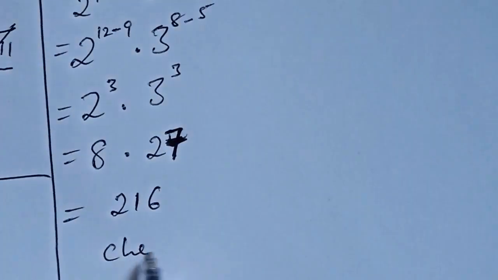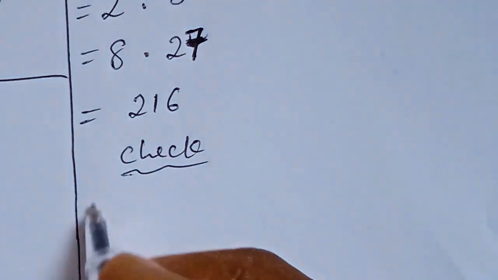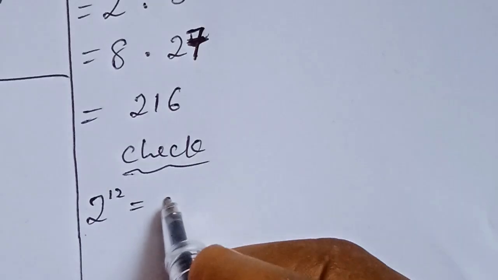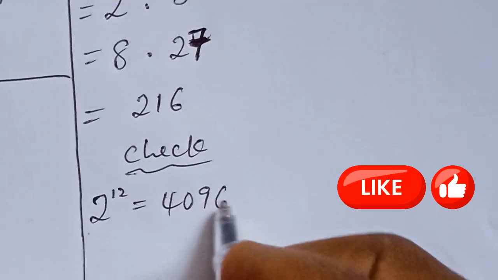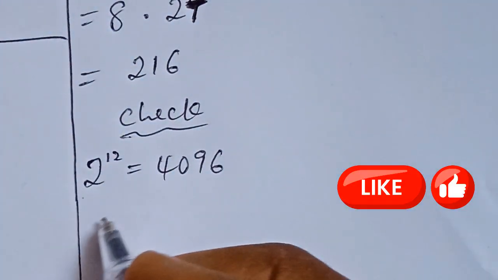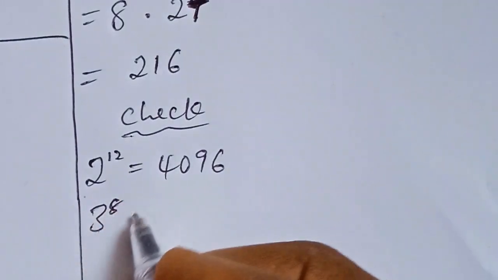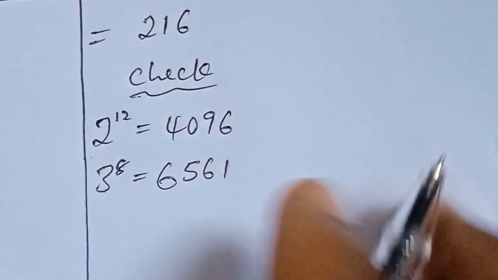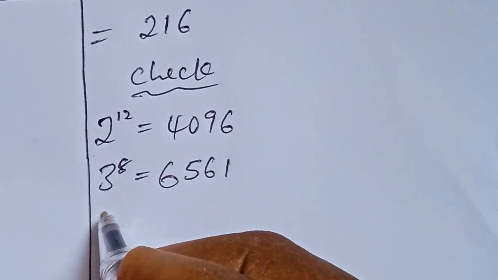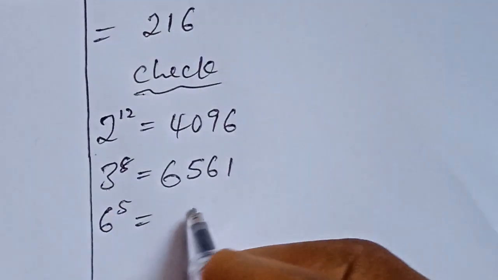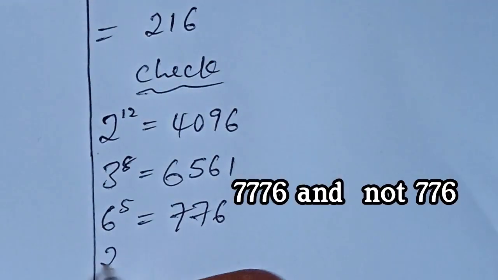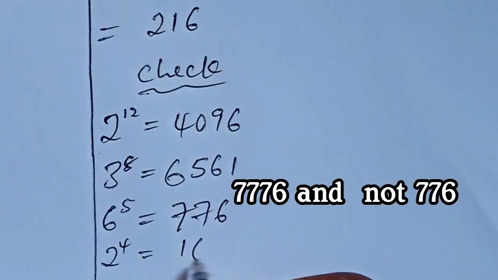So to check this, if we insert the values directly, we have 2 to the power of 12 given as 4096, then 3 to the power of 8 is given as 6561, then 6 to the power of 5 is equal to 7776, then 2 to the power of 4 equals 16.